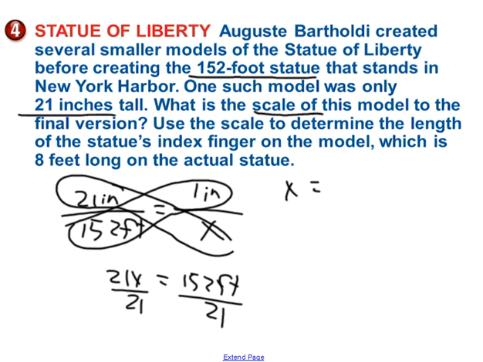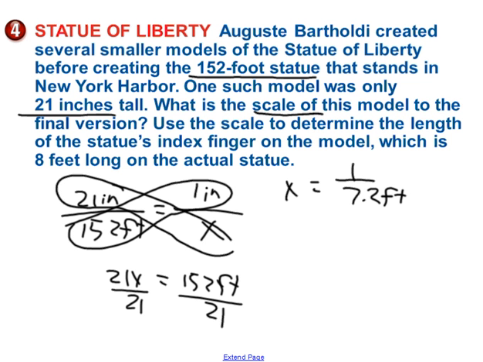If I check with my calculator, I think that comes out to be 1 is to 7.2 feet. Let me do that math here on my calculator and just check. And that comes out to be 7.2 approximately. So that's my scale factor.